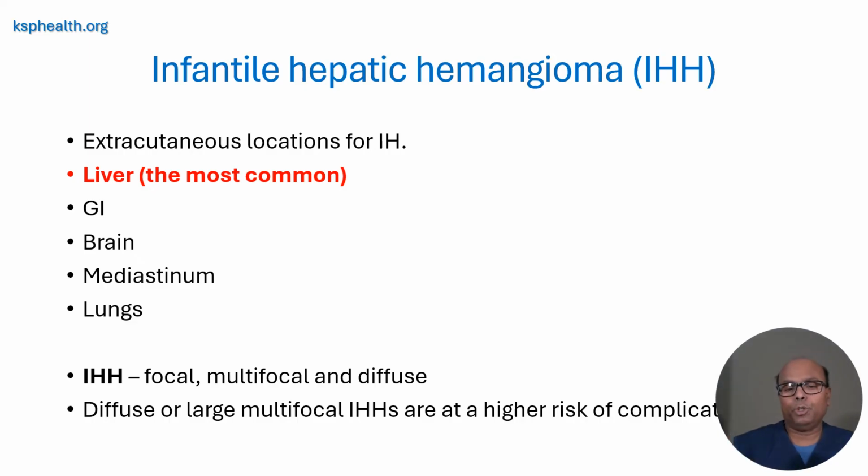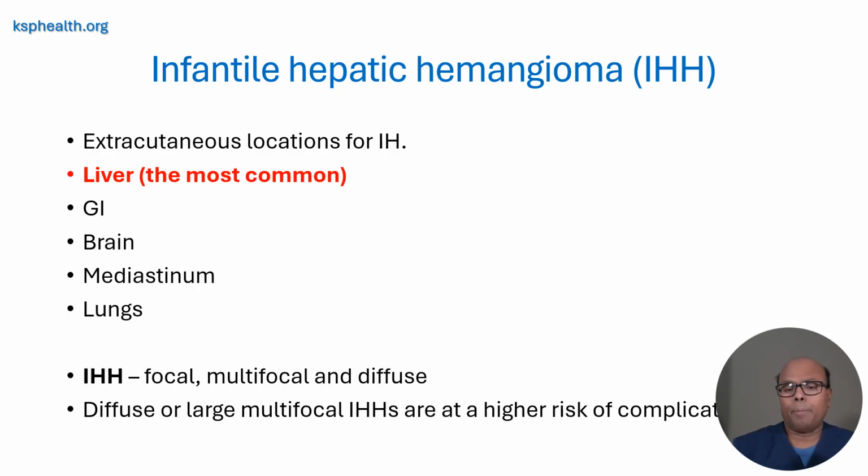Infantile hepatic hemangioma. Extracutaneous locations are not uncommon in patients with hemangioma, the liver being the most common. But it can happen in the GI tract, brain, mediastinum, and lungs. The hepatic hemangioma can be focal, multifocal, or diffuse.